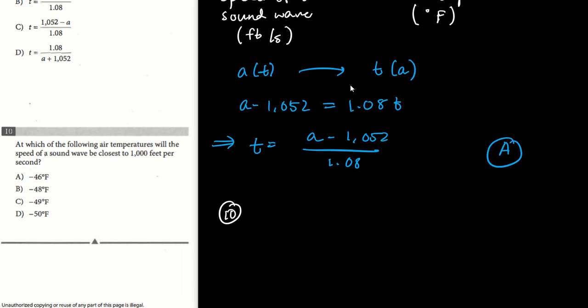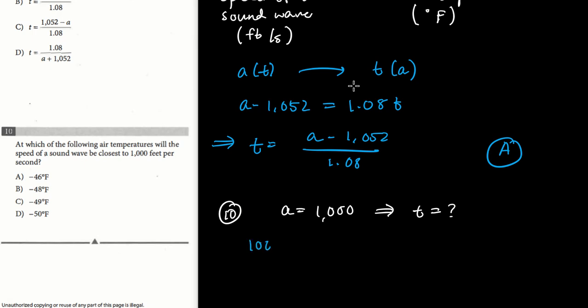So let's write that: A equals 1,000, and T is question mark. If we wanted to do this purely algebraically, we would take 1,000 and substitute it into our expression.